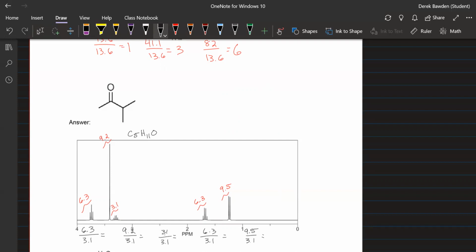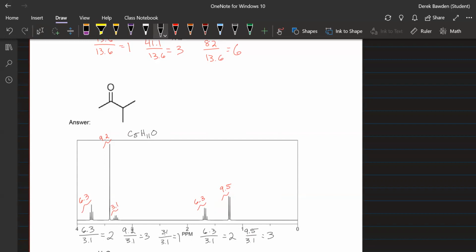Again, this is going to take our integral values down to our number of hydrogens in these peaks. Okay, so 6.3 divided by 3.1 is about 2. 9.2 divided by 3.1 is about 3. This is 1. This is about 2, and this is about 3.